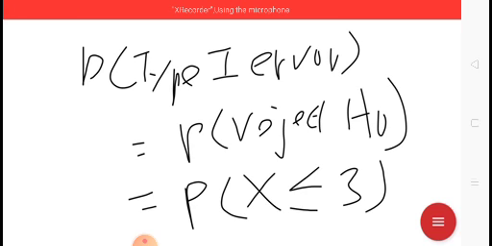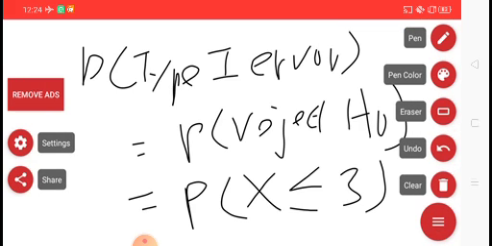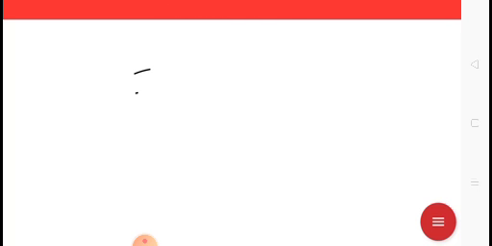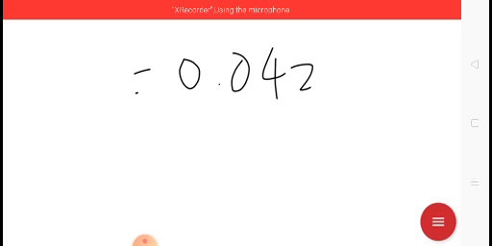Okay, so what is the probability that x is smaller or equal to 3? The probability, which you already calculated from above, is equal to 0.0424. So this is the probability of type 1 error for this question. Okay, so this is for question 4.